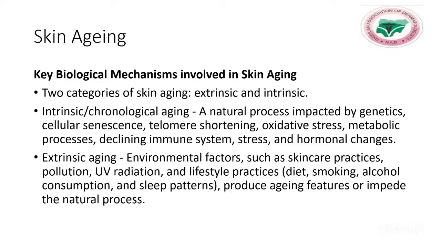What are the key biological mechanisms involved in skin aging? There are 2 categories of skin aging. We have the intrinsic aging, which is a natural process affected by genetics, cellular senescence, telomere shortening, oxidative stress, metabolic processes, declining immune system, stress, and hormonal changes.